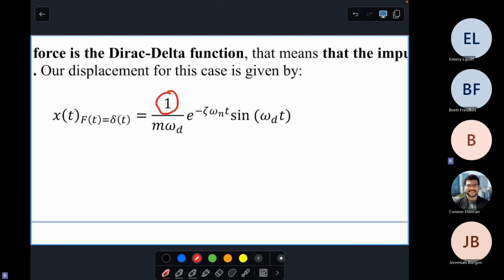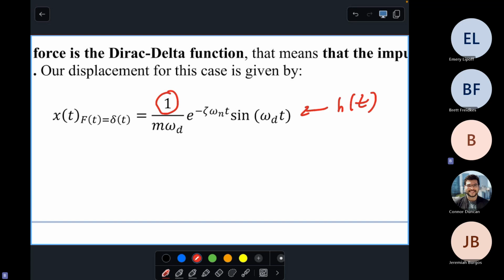So this is the impulse response function. This thing is h of t because of the fact the impulse is specifically equal to 1. That is what makes it the impulse response function. Thoughts, concerns? Are we okay?